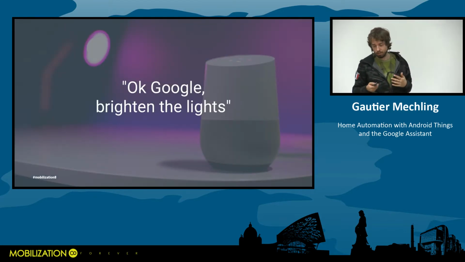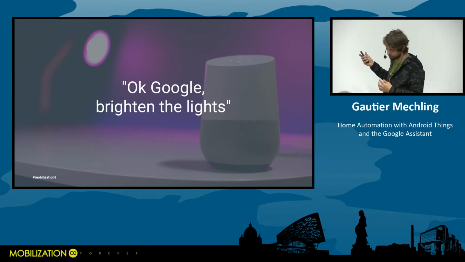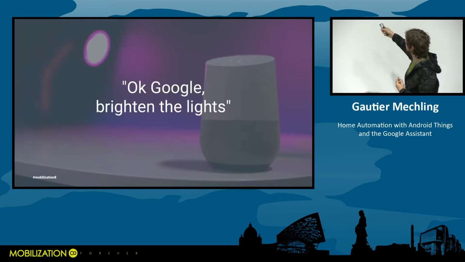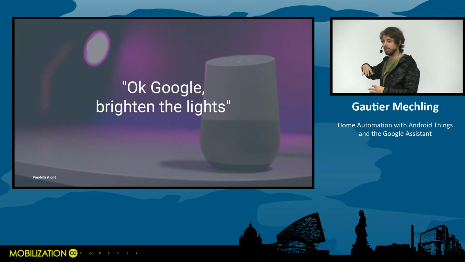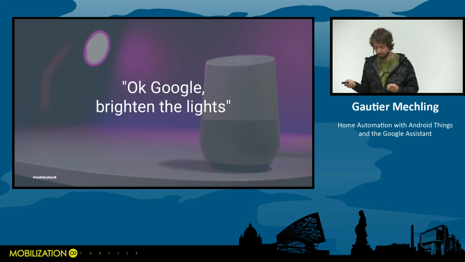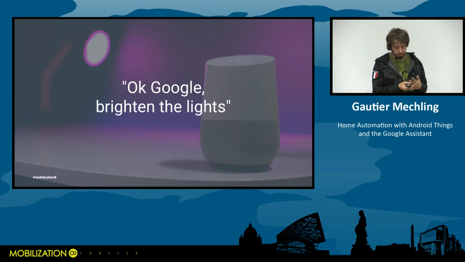When you say, OK Google, turn on the light or brighten the lights, if you implement the brightness trait, brighten the light will work, and the Google Assistant will understand that it needs to brighten the light. So traits are very important to tell the Google Assistant which action can be executed. It cannot just infer it from the type of device.